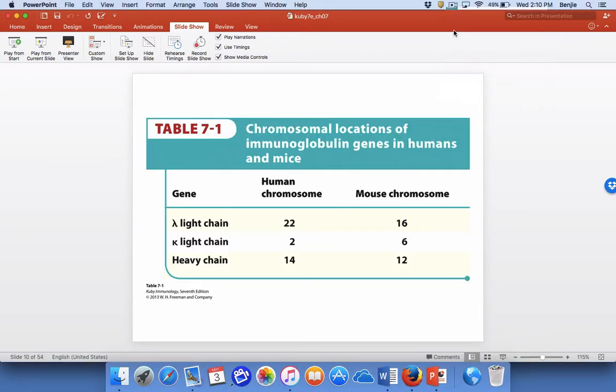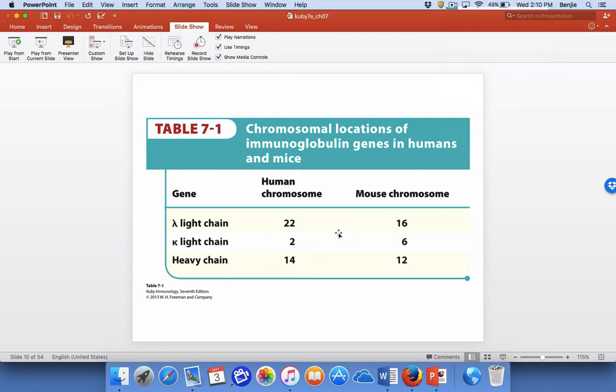This slide depicts where the chromosome locations are of different genes encoding antibodies in both the human and the mouse. You can see that the lambda light chain genes are on chromosome 22 in the human and chromosome 16 in the mouse, and the kappa light chains are on 2 versus 6.